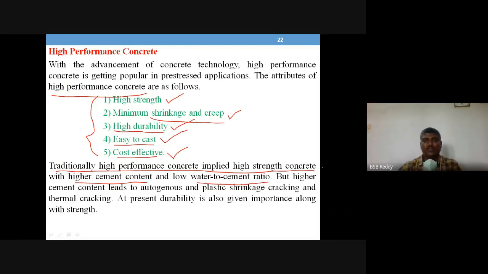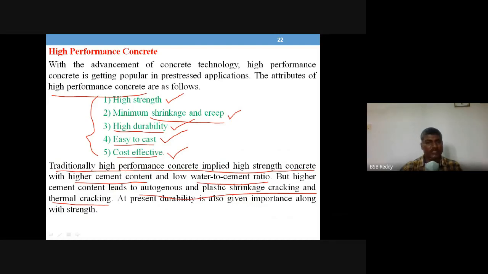But what happens if you increase cement content? It leads to autogenous and plastic shrinkage cracking and thermal cracking. That is a problem. So autogenous cracks and shrinkage cracks will increase.